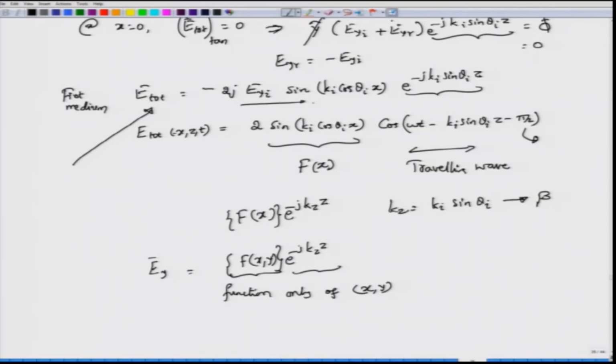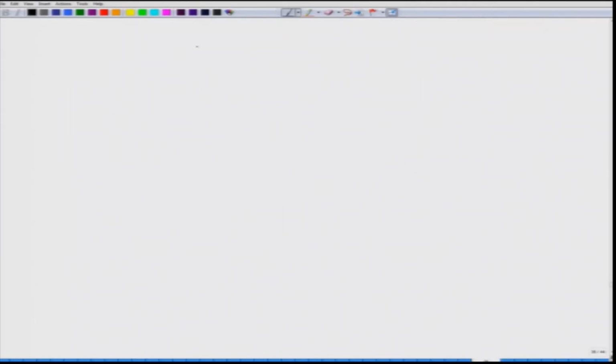Is there any other value of x for which this sine function becomes 0? Of course, yes. When the argument of the sine function becomes π, then sine of π will again be equal to 0. So, k_i is fixed, of course, because I have fixed the medium. I have fixed θ_i because I have sent in a wave at a certain angle θ_i, and as I vary x, by varying x I am actually going down in this direction.